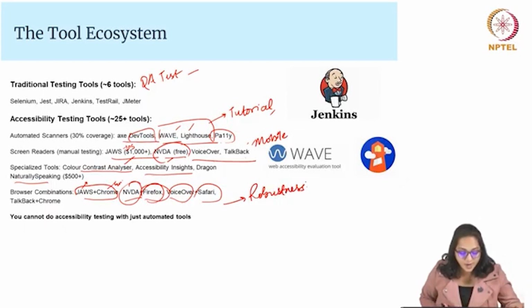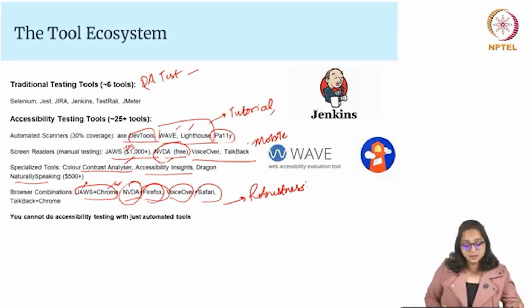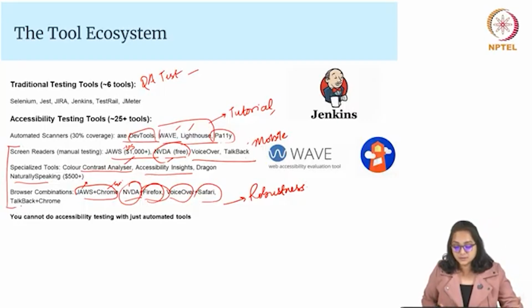So you cannot do accessibility testing with just automated tools, and all of these manual testing methods and tools may also be required at this stage.